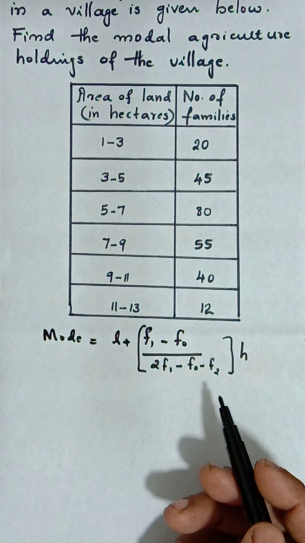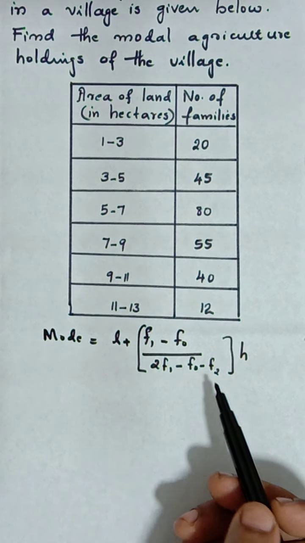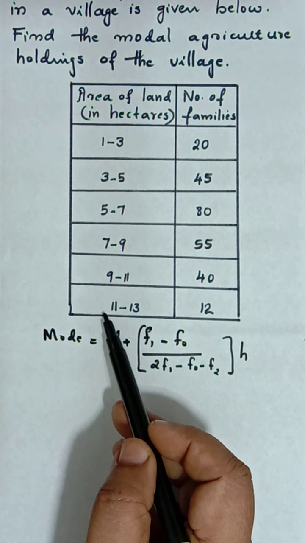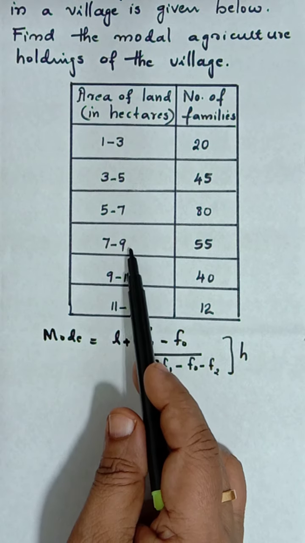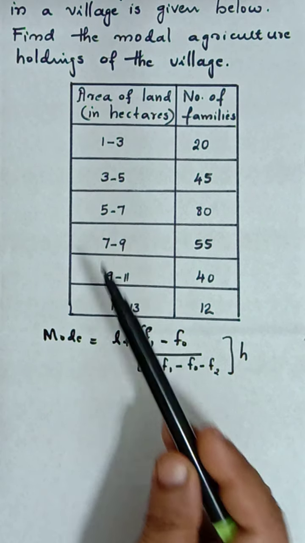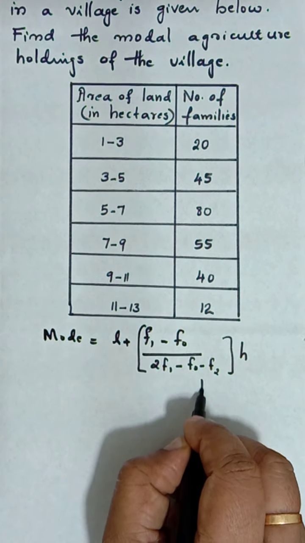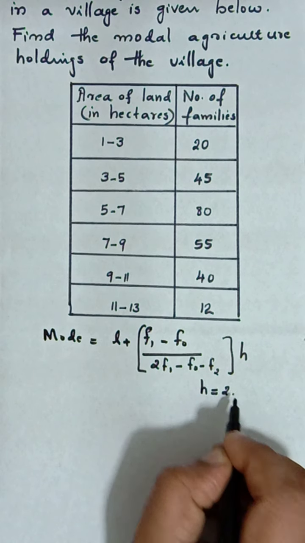Class size, everybody knows, is upper limit minus lower limit. It is 9 minus 7, 7 minus 5, so H is equal to 2 here.